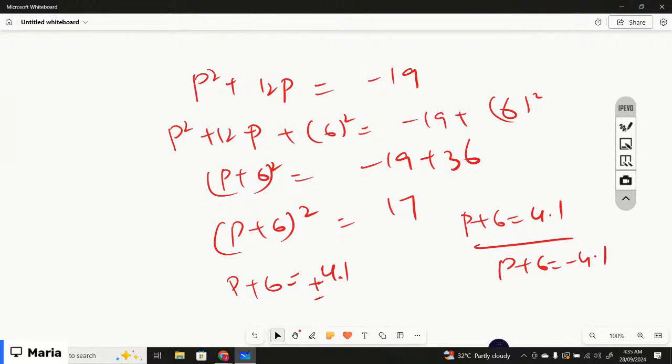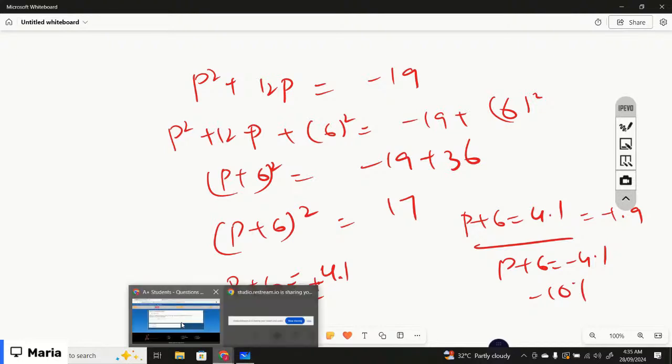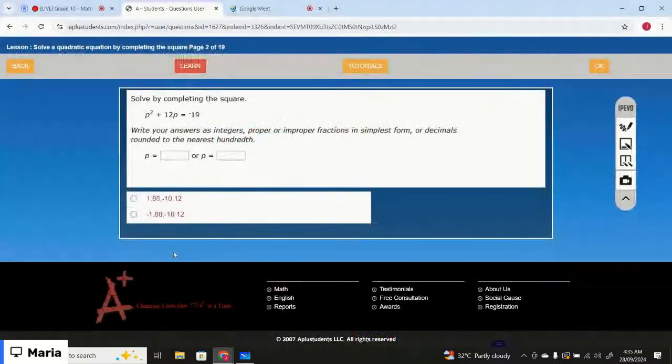So that is negative 1.9, and that is negative 10.1, right? So the correct option is negative 1.9 and negative 10.1. Option number 1 is the correct option.